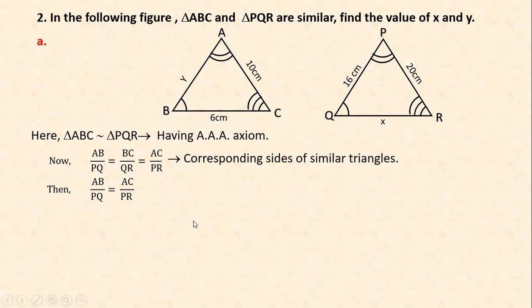We cannot find the value of X and Y together directly, so we have to do it separately, turn by turn. AB is Y by PQ, given as 16 cm. Then again AC by PR, 10 cm by 20 cm, isn't it? Please look here.